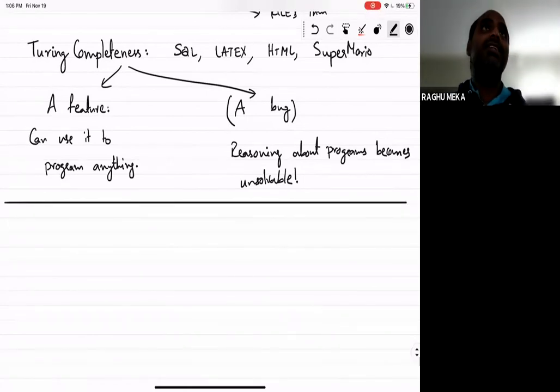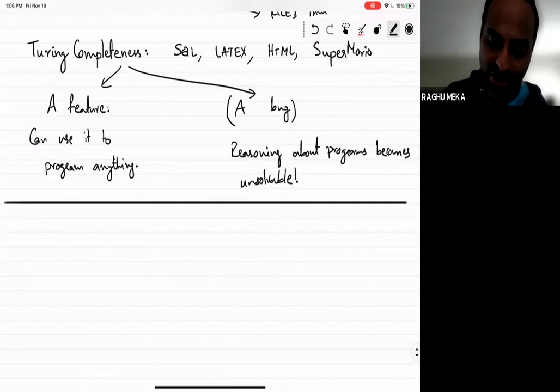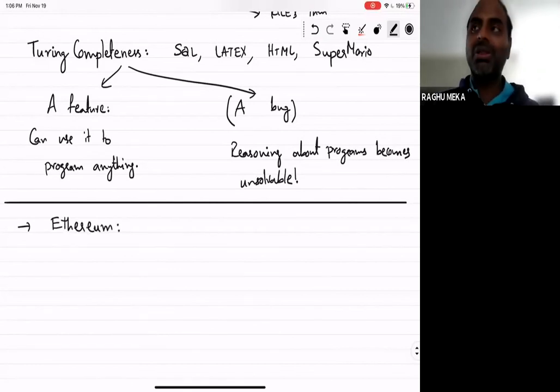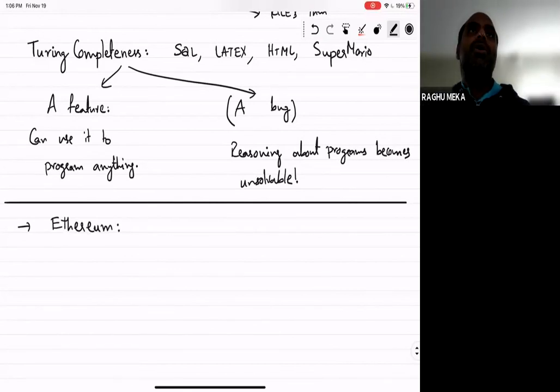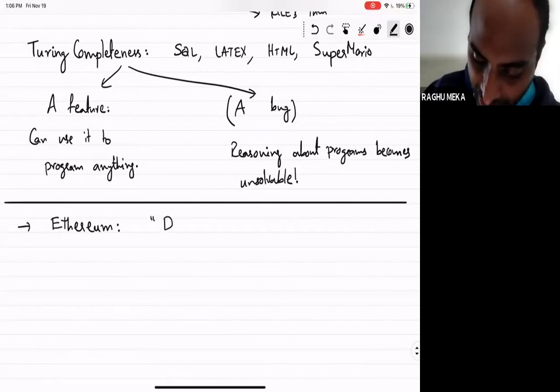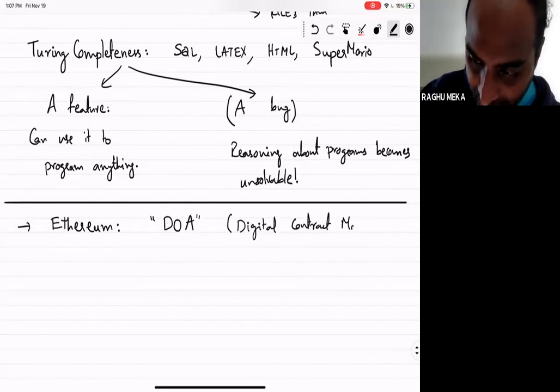So for instance, there's this whole story about Ethereum, the cryptocurrency. So they had an instrument to do some kind of digital contracts, which they call DAO, digital contract market.